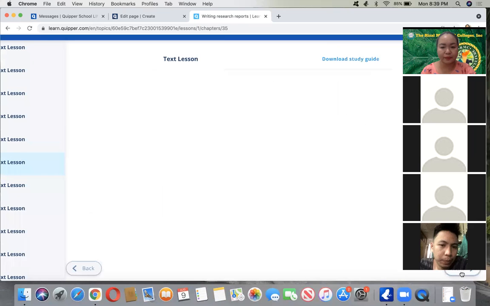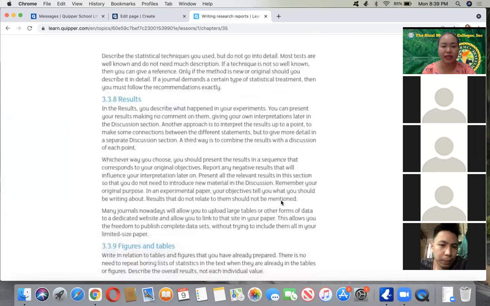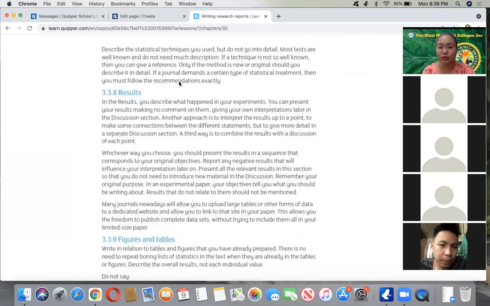Hopefully you have read this one, and also other methods are the statistical techniques that you have used. That's very important in the methods, like the analysis of variance or the t-test or the standard deviation. And even if you create your own method for the first time, new and original, you should describe it in detail, especially if it is tissue culture and you are creating your own methods on how to do it.